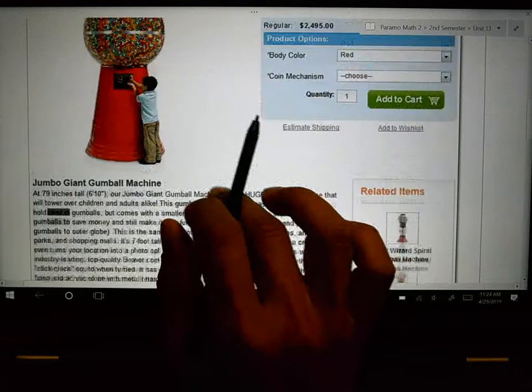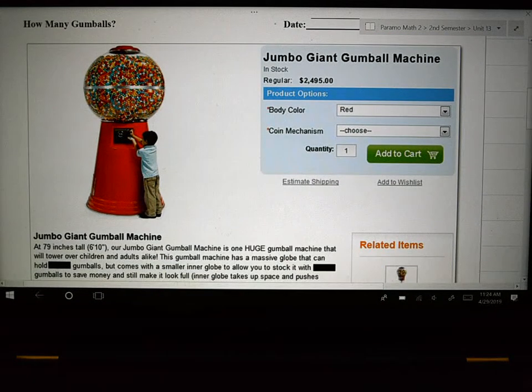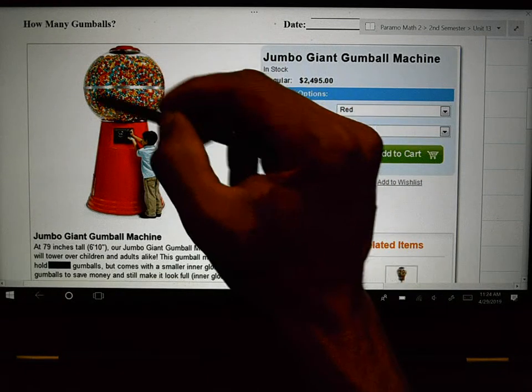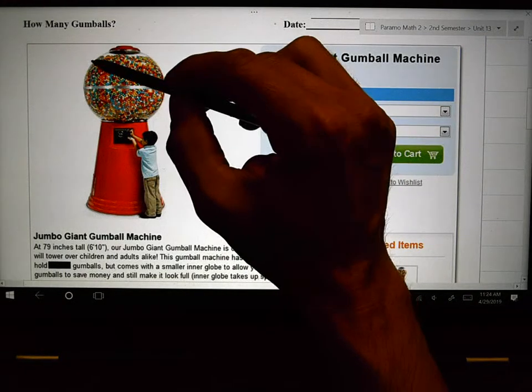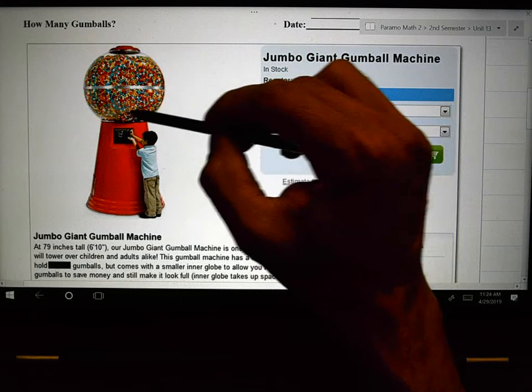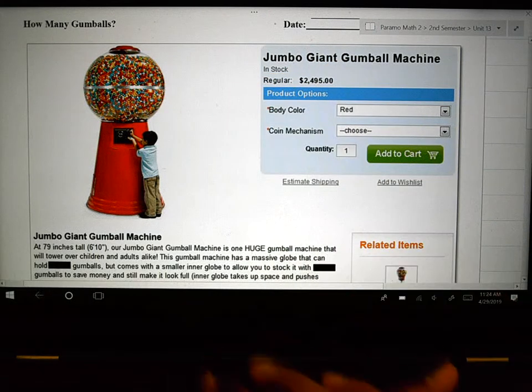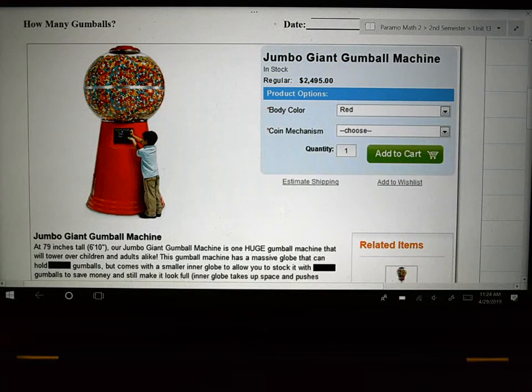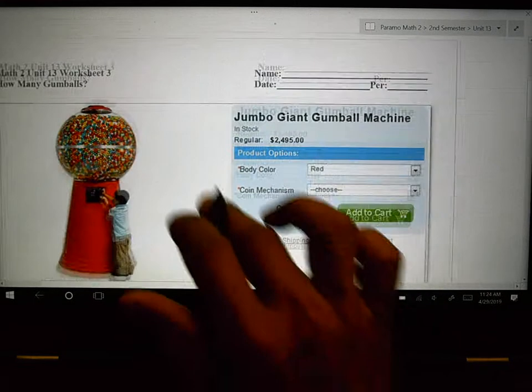Now, some of you may wonder, why would there be an inner globe or an outer globe? Well, what if you want it to look full? What if you didn't want it to be down here and people may not want to buy a gumball because, oh, that's the bottom of the barrel. It doesn't seem as desirable as a nice full gumball machine, which looks fresh, quote unquote.